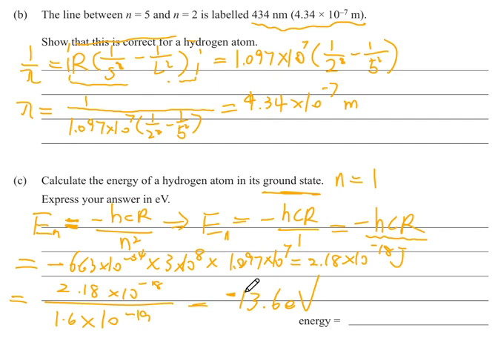The answer should be negative, because all of these energy levels are negative values, except level infinity, which has energy level 0. So it is going to be negative 13.6 electronvolts. Problem solved for these two.